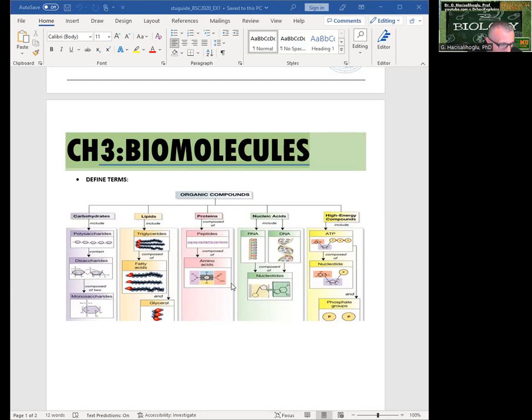Right, so carbohydrates, monosaccharides, are an energy source. Lipids are also an energy source. Proteins can be enzymes, transport, movement, receptor, defense, structure, storage, and hormone. And nucleic acids are important for heredity.